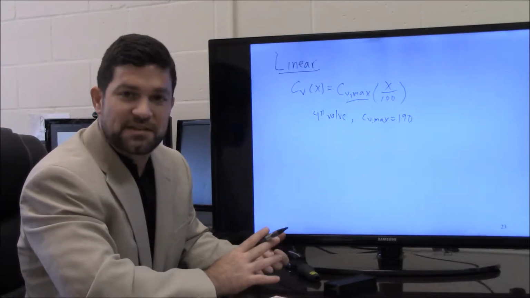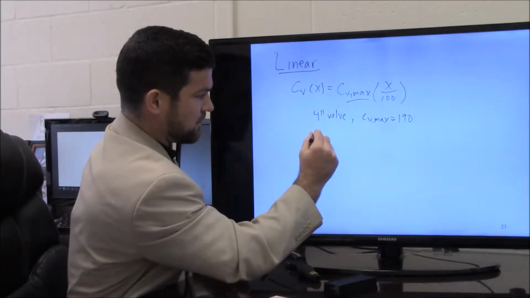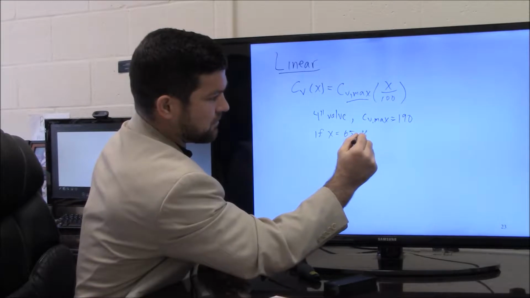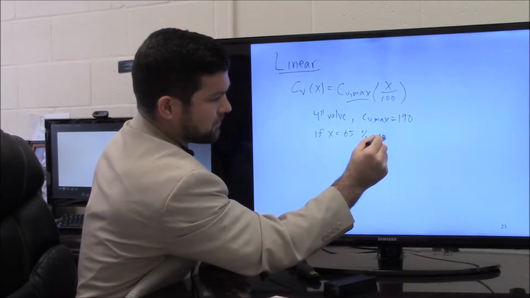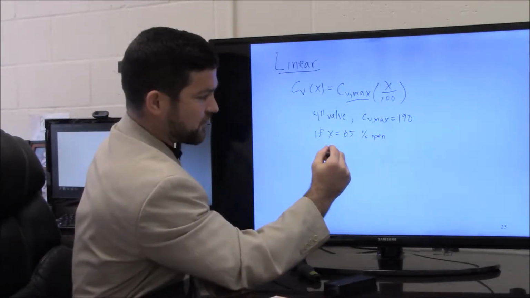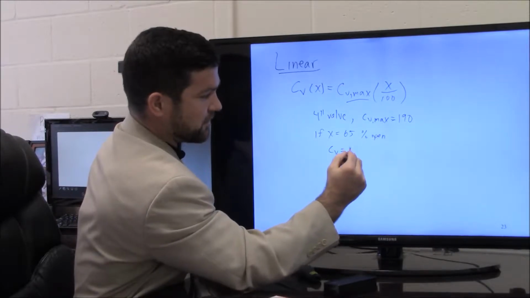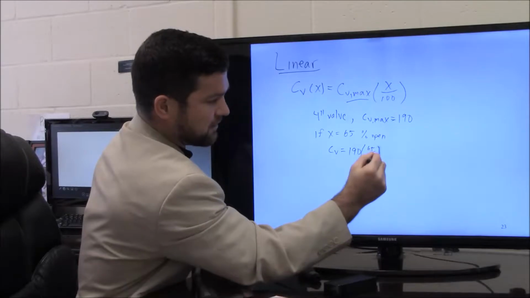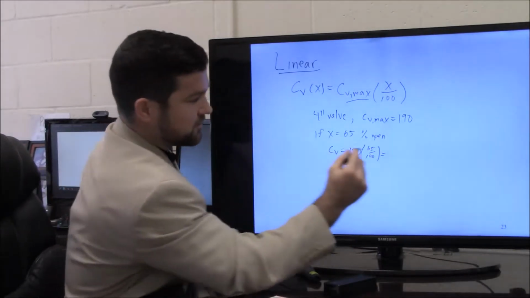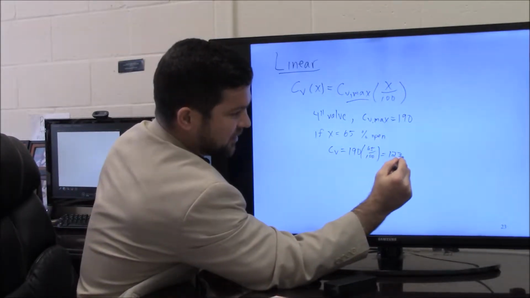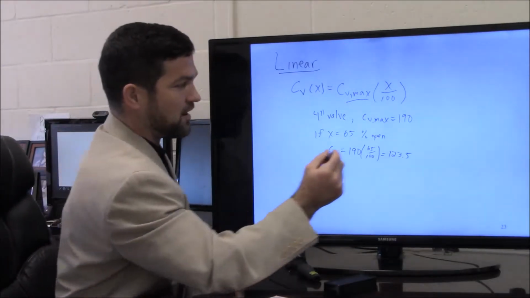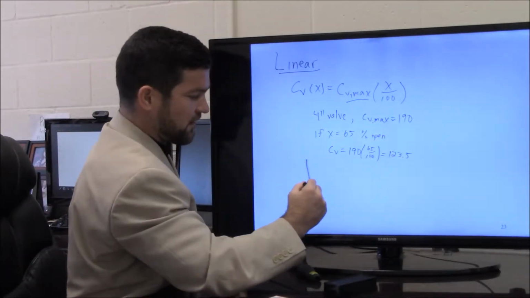If the valve is 65% open, right, then we can get the valve coefficient CV equals 190 times 65 over 100, and this is equal to 123.5. All right, so essentially from here, this is for a linear valve.